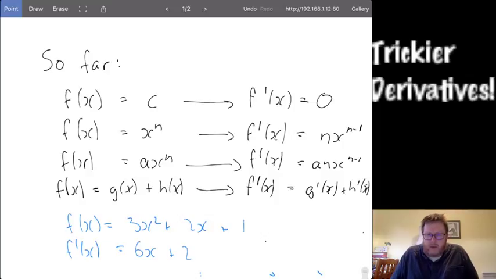Just a reminder, I want to keep on reminding you that the derivative function, this is a new function if you like, is called the derivative function. It's the derivative function of the original function, and it describes the gradient. So by substituting a point in for x, we can describe what the gradient is at any point on the graph. That's the idea of it. That's why we kind of do it.